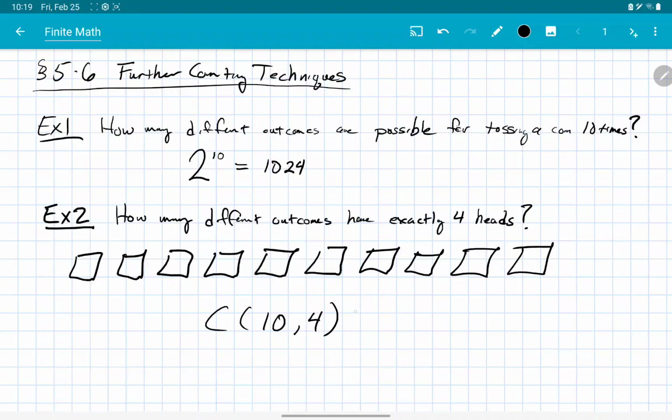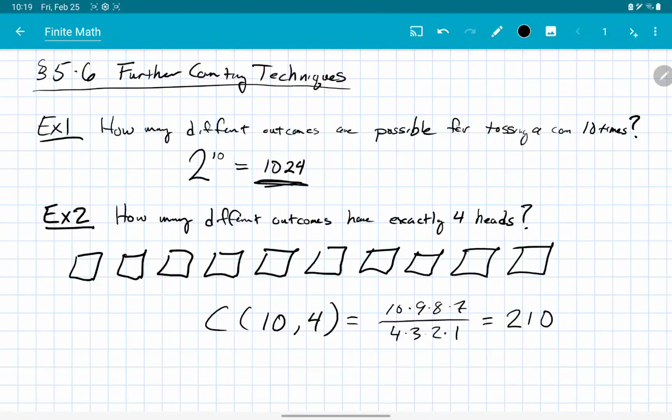Okay? And this, of course, is 10 times 9 times 8 times 7 divided by 4 times 3 times 2 times 1. I skipped a step there, but this turns out to be 210. So about 1/5 of the time, we will get exactly 4 heads. Right?